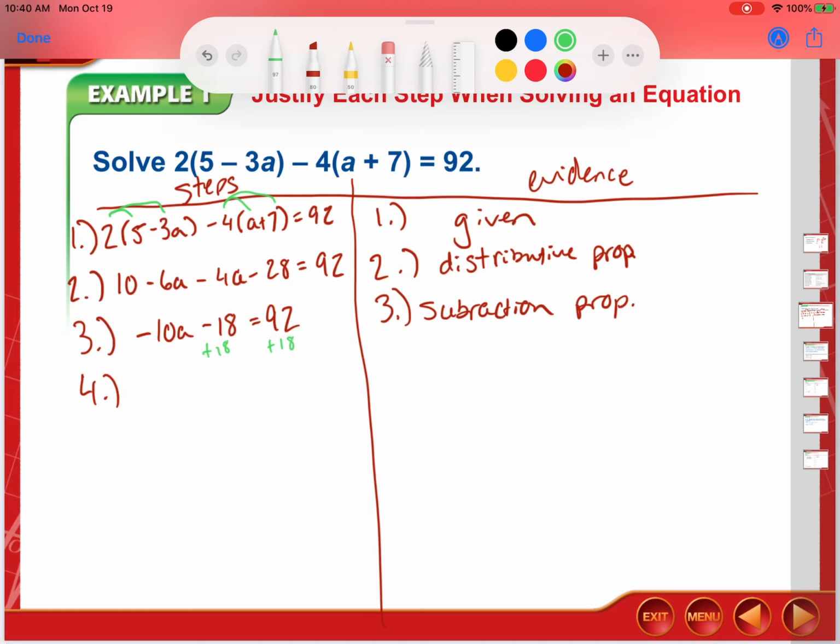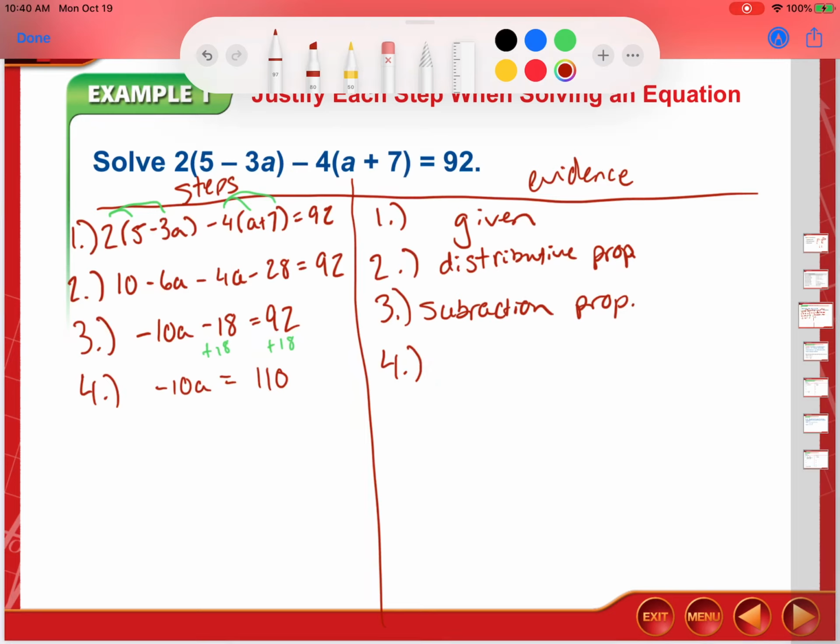Now you wouldn't typically show what I'm showing in the green, but I'm just trying to show it so you can see exactly what I'm doing. So I'm left with -10a equals 110. And if showing those steps that I'm showing in green helps you, you can show those. Just know that you wouldn't typically do that in a formal proof.